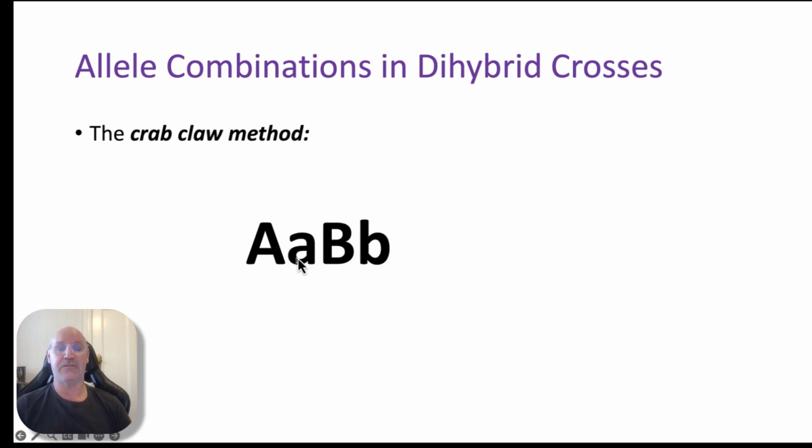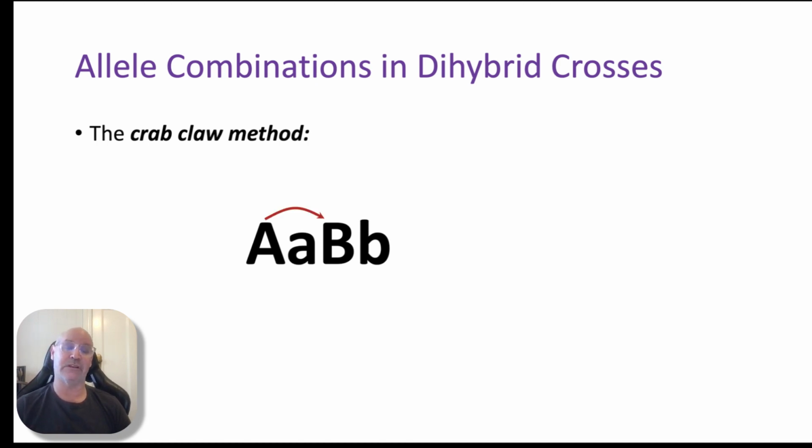So this is the first gene that we're looking at, and we've got our two alleles, and this is the second gene we're looking at, and the two alleles. We've got this method called the crab claw method. We're going to use our crab claw to identify what all of the different genotypes can be.